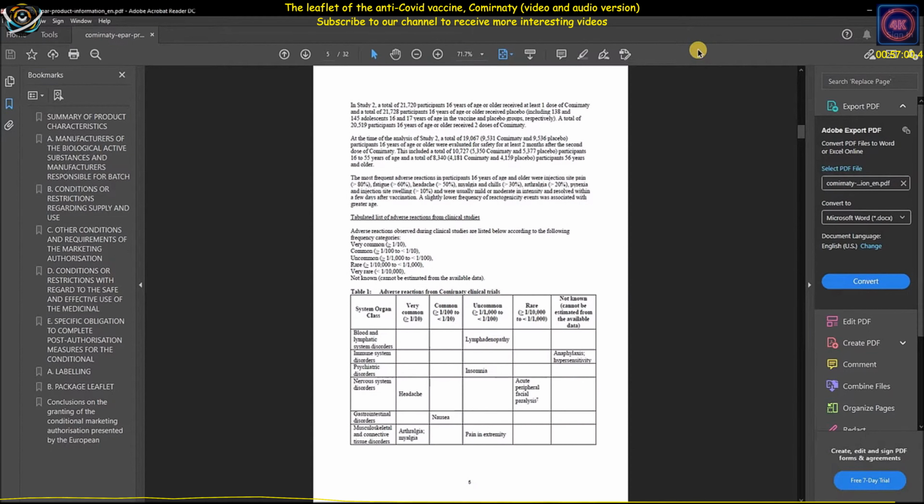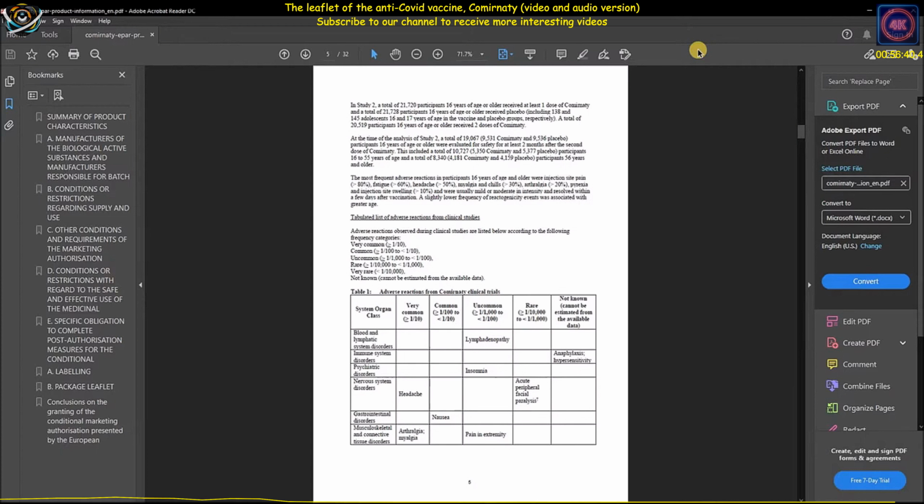At the time of the analysis of Study 2, a total of 19,067, 9,531 Comirnaty and 9,536 placebo, participants 16 years of age or older were evaluated for safety for at least 2 months after the second dose of Comirnaty.